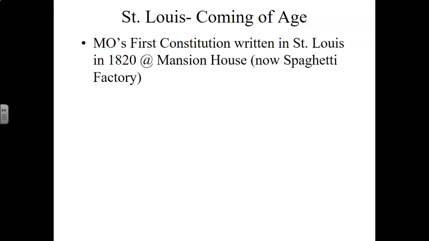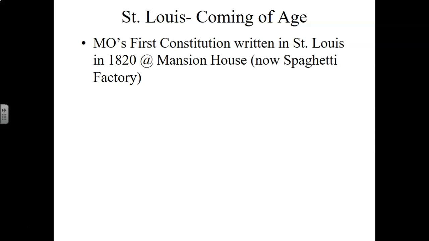And in fact, in one of those dining rooms at the Spaghetti Factory, there is a plaque that says, "In this room was created the first Constitution of Missouri." I know that the Spaghetti Factory in Chesterfield Valley is so-so from what I've heard from my students, but the Spaghetti Factory downtown has some pretty good food and has some historic value.